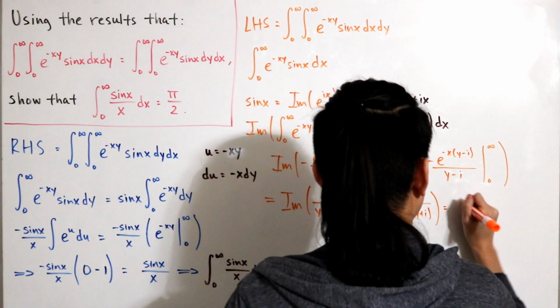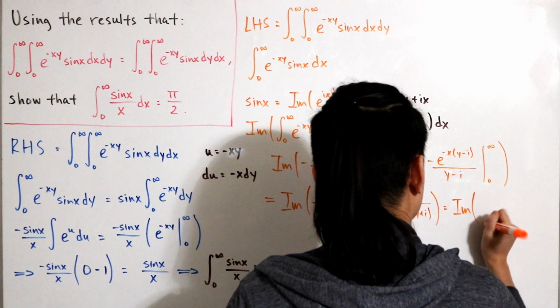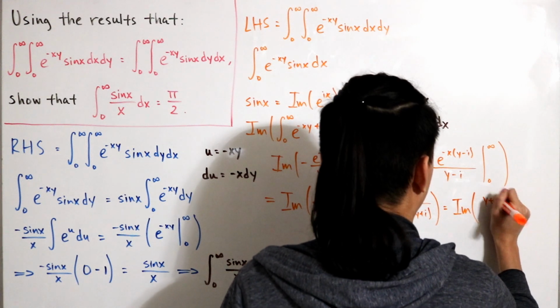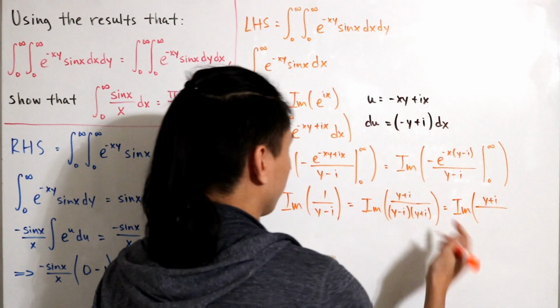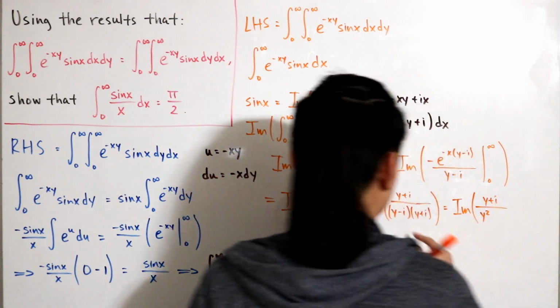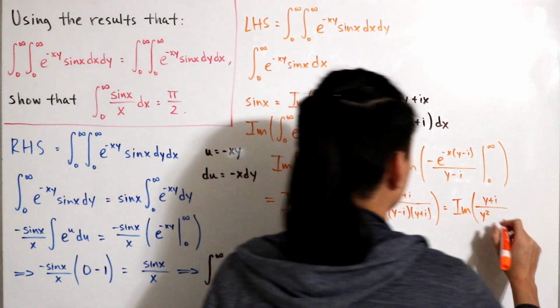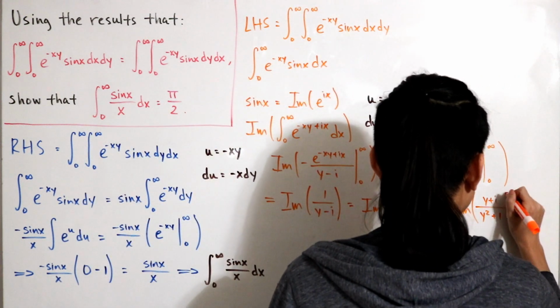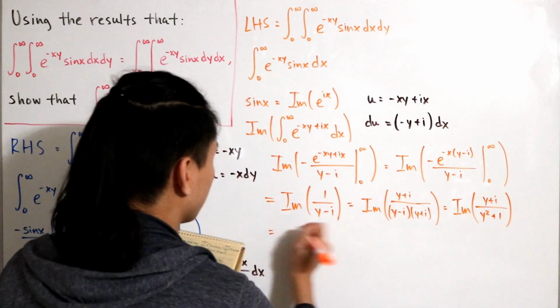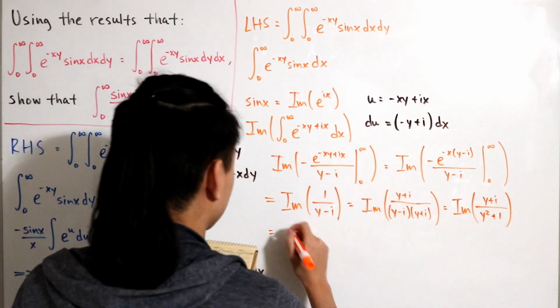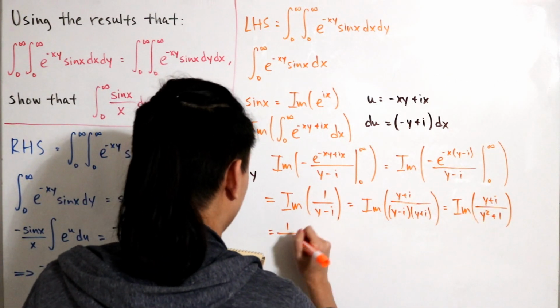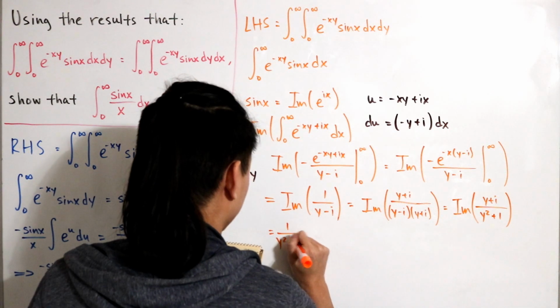We get that this is the imaginary part of y plus i, divided by, due to FOIL, y squared, and this is a difference of squares: negative i plus i, that's negative i squared, in other words, plus 1. Then taking the imaginary part, it's just equal to 1 divided by y squared plus 1.